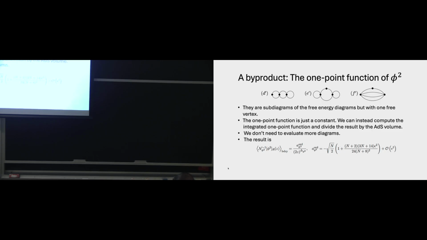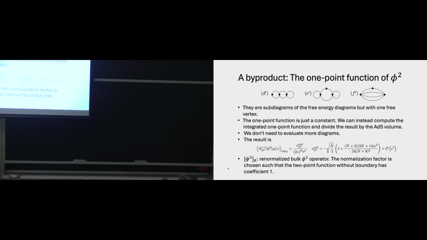And here is the result. Let me explain the notations. So phi squared R is the renormalized bulk phi squared operator. It's basically the bare phi squared operator multiplied by the wave function renormalization of phi squared.